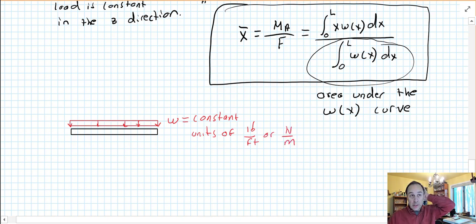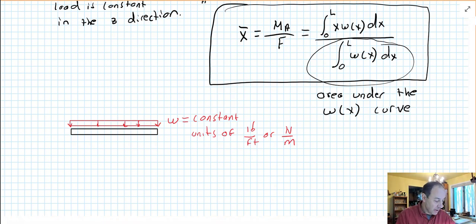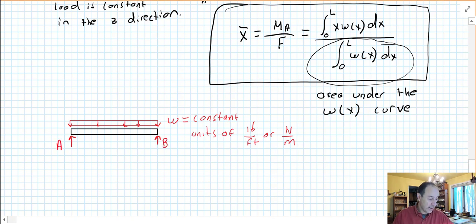But, you know, any variation of force over distance works. All right, so we're going to have two reaction forces. And so I'm going to draw the two situations. So this is the constant load, or the distributed load situation.